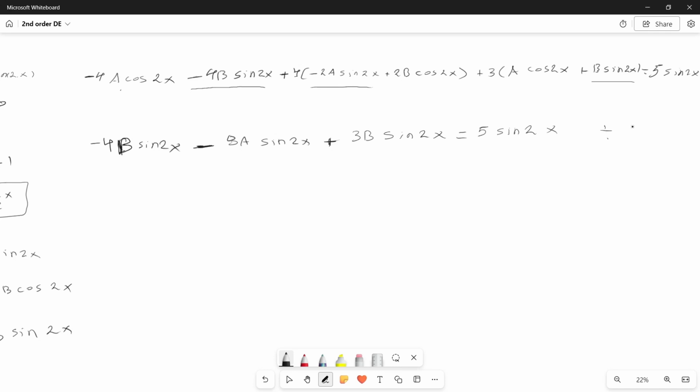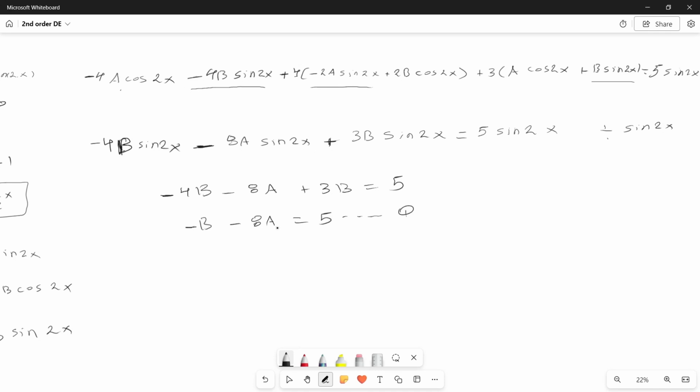Now if we divide by sine 2x, we are left with negative 4b minus 8a plus 3b is equal to 5. Now negative 4b plus 3b would be negative b minus 8a is equal to 5, and that's our first equation.